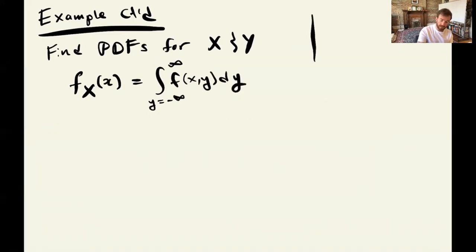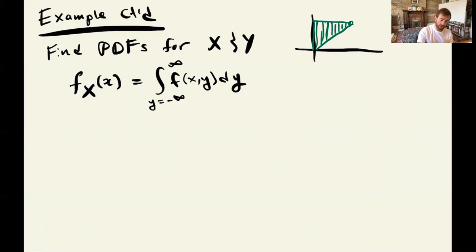And again, just as a reminder, this is my JDF. For this purpose, when we're going to be integrating out y, we want to take sort of these vertical slices.